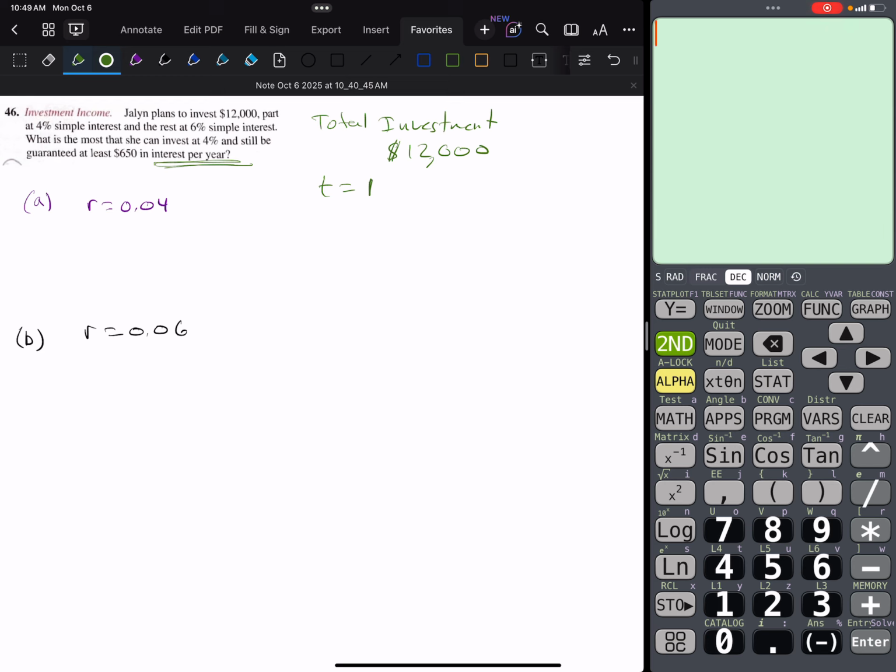This type of problem is called a mixture problem because I'm mixing two different things together. And so what I really have is two different principals mixed together to give me this $12,000. I have my principal for part A plus my principal for part B equals the $12,000.